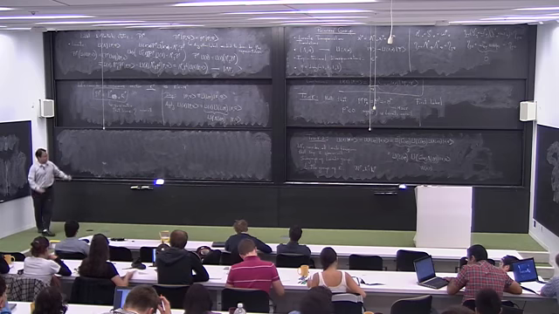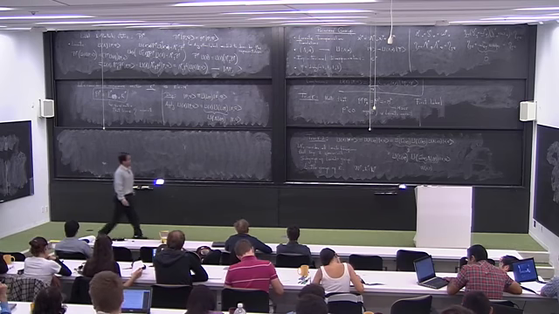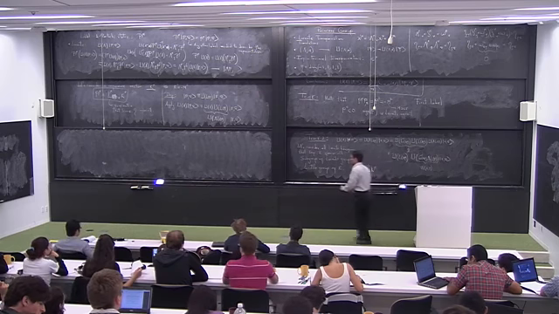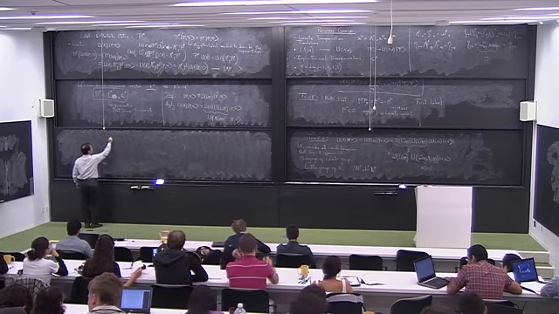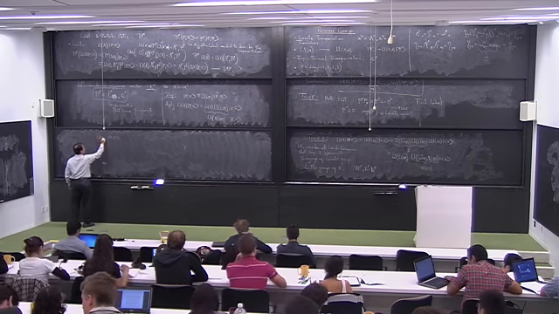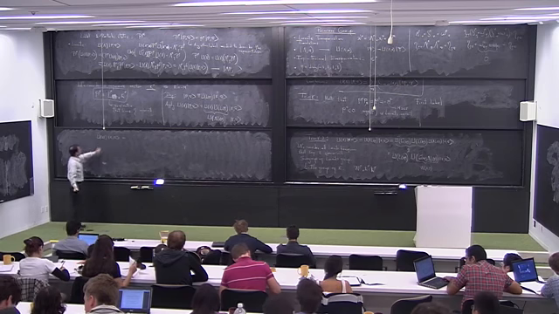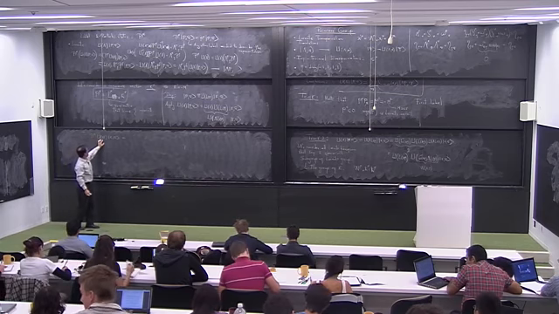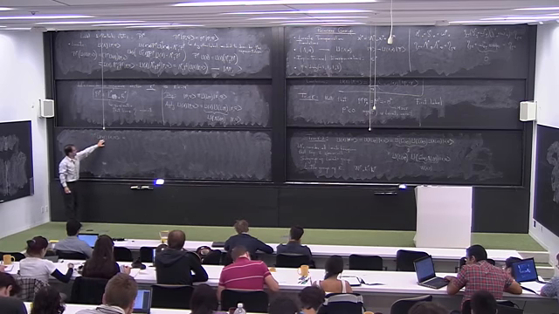So why did we do all this? Why did we go through the trouble of finding this little group and doing all this? Well, the reason is the following. If we have our state k of sigma, and we apply to it u of w, once again, we can apply our momentum operator to find out what kind of states we are going to get after we apply u of w.